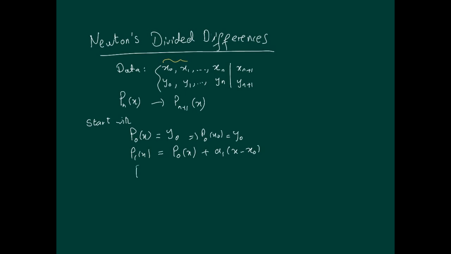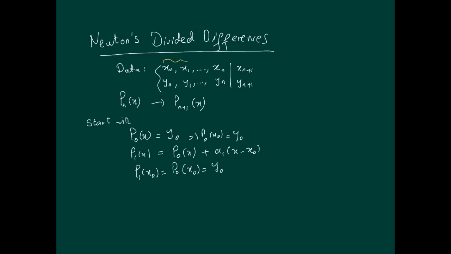Now if we check this, P1 of x0, you'll see why we have the x minus x0. Because P1 of x0 means that I put x0 in here, and the x0 minus x0 will make this whole thing disappear. So it'll all go to 0. What I'll be left with is just P0 of x0, which we know is equal to y0.